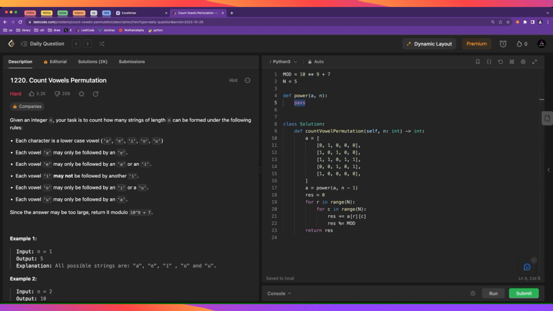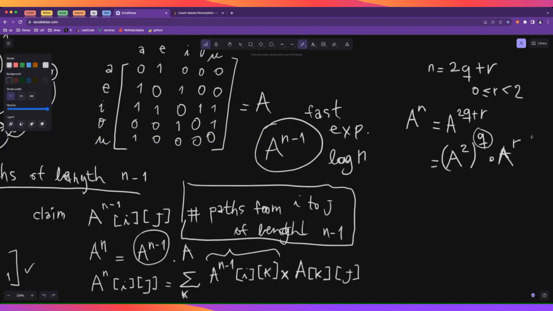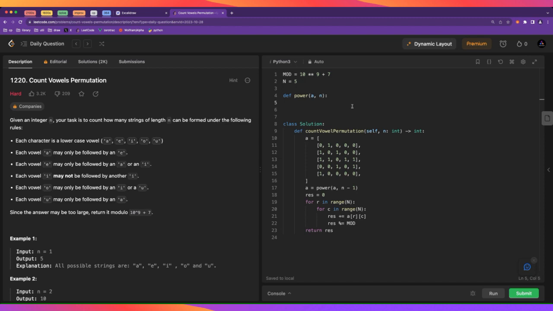Now, this power function is based on the formula that I explained here, but you can have this in your library of code. In Python you already have power functions, but the difference is that I want to apply it to matrices, so that's why I need to write my own.